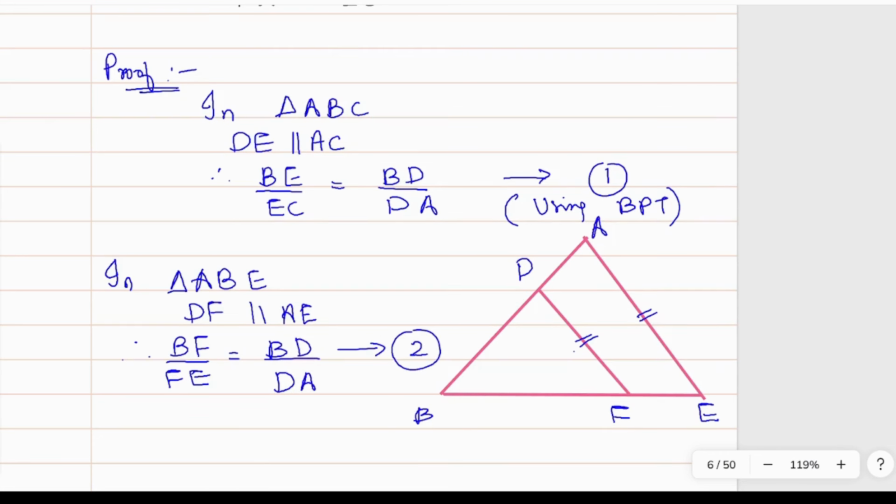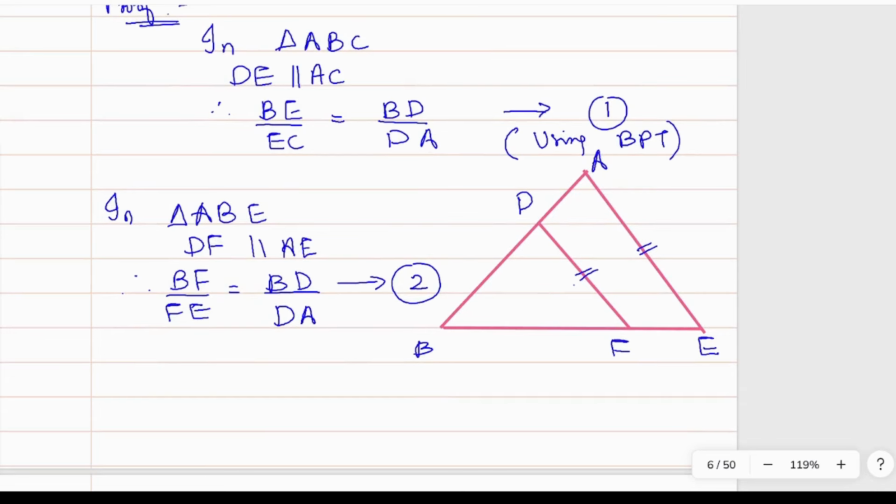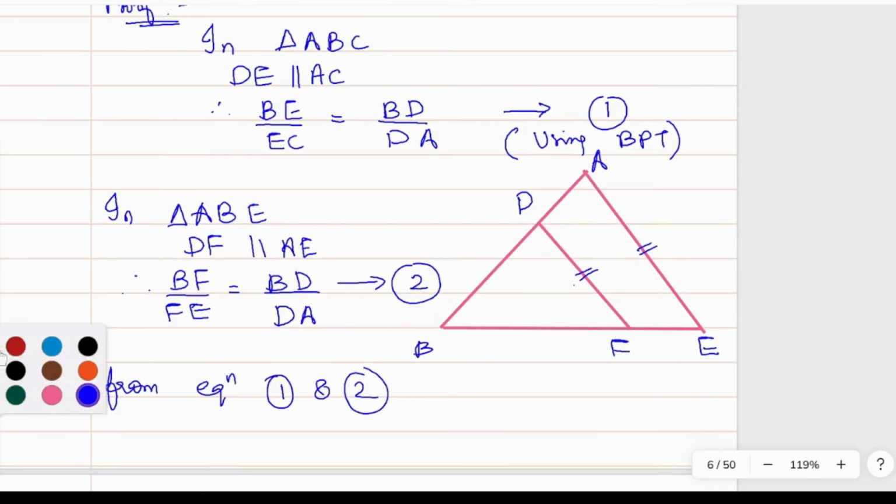Look, in the question they are asking us to prove BF by FE equal to what? Equal to BE by EC. Okay. So now I am going to take my two equations. From equation 1 and 2, what can I write? Look at the right hand side. This is equal in both the cases. So therefore automatically left hand side will become equal.